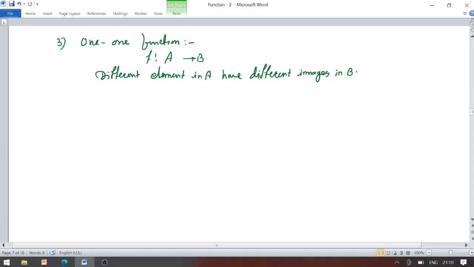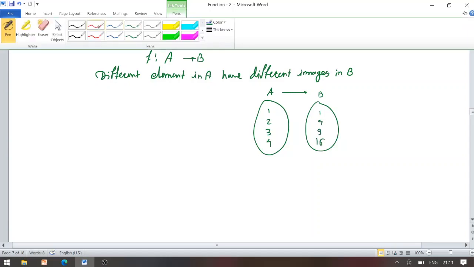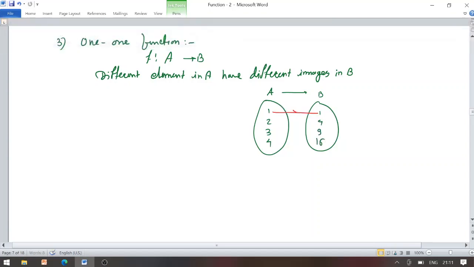Then what about the range set? We will discuss. First of all, consider f to be the function from A to B. A has elements 1, 2, 3, 4 and B has elements 1, 4, 9 and 16. Suppose 1 is related to 1, 2 is related to 4, 3 is related to 9 and 4 is related to 16.